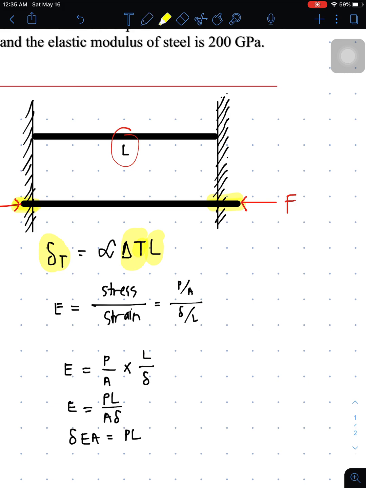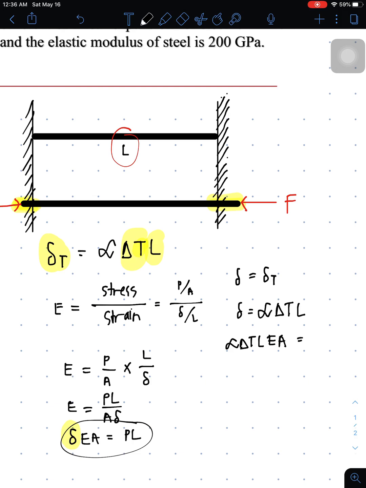But let's go back to this one. We're talking about temperature, so we have this relationship that the deformation is equal to the thermal deformation, which is alpha times delta T times L. Therefore, we can now have alpha times delta T times L times E times A equal to PL.